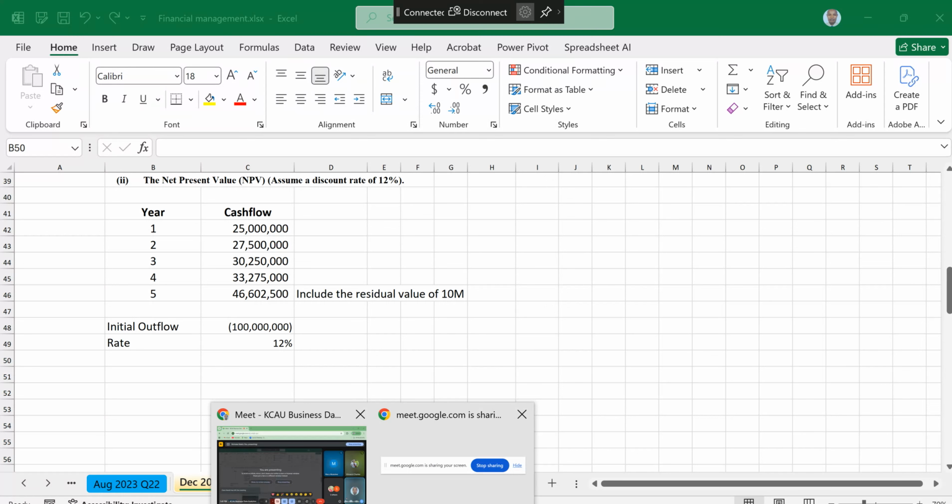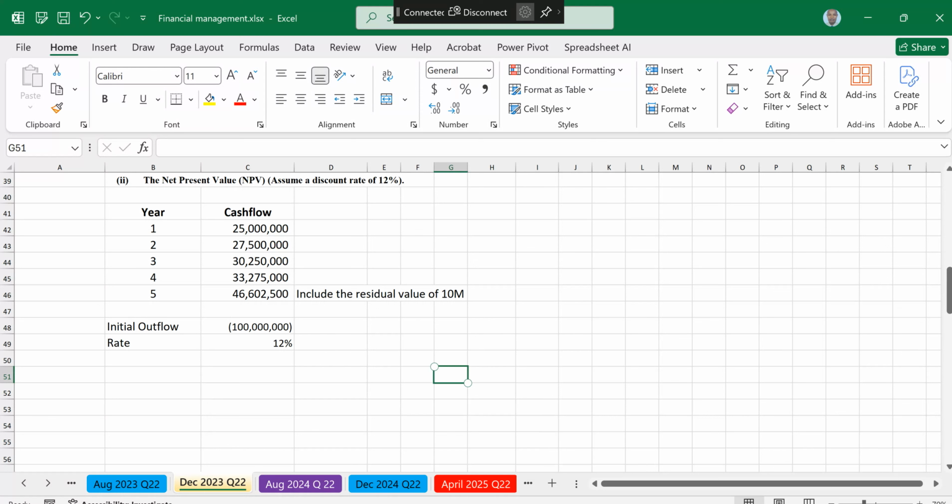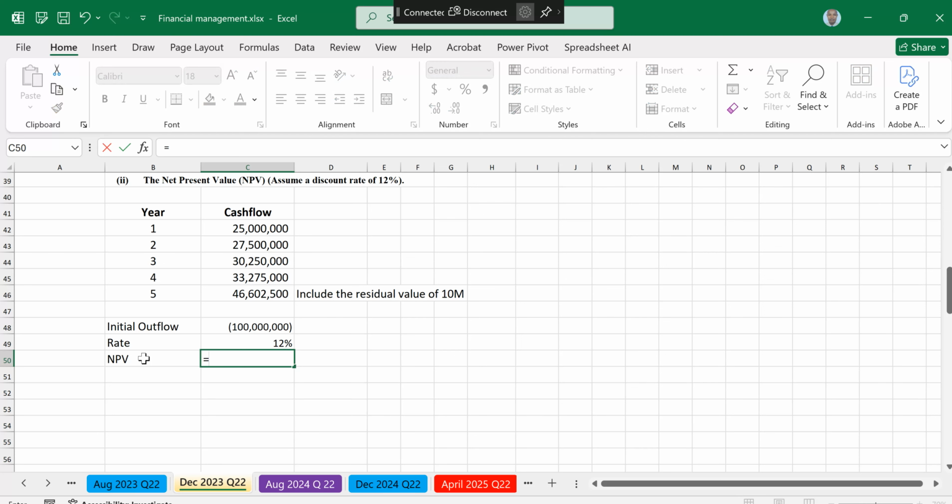Now get the NPV, which is the last part, then we leave it at that point till tomorrow. So NPV will be equal to NPV using the NPV function. Equal sign NPV tab. The rate is 12, comma. The values are all here. The last one, close bracket.